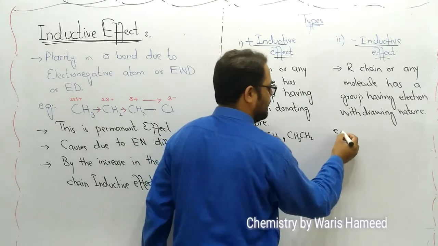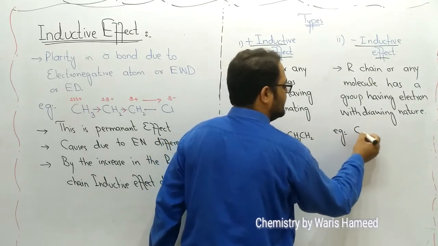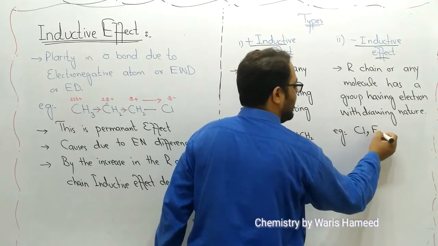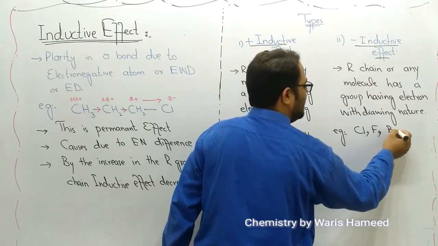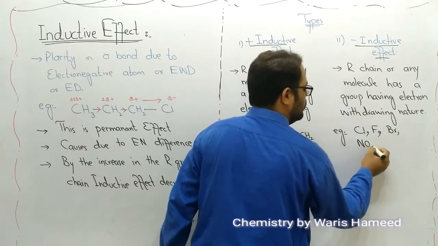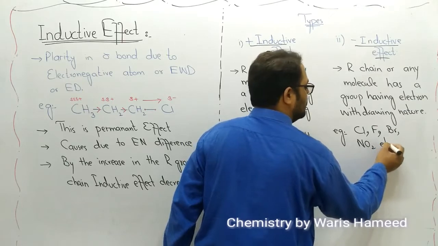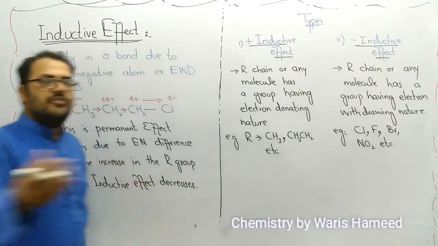For example, Cl, F, Br, NO2, etc. These all are electron withdrawing groups.